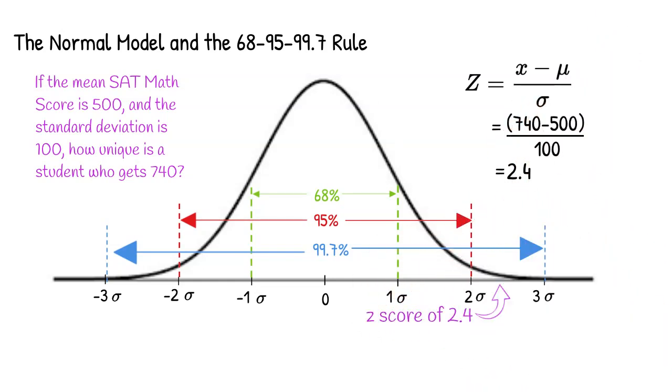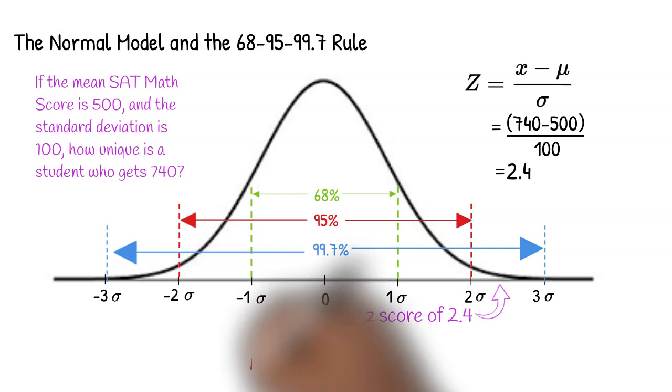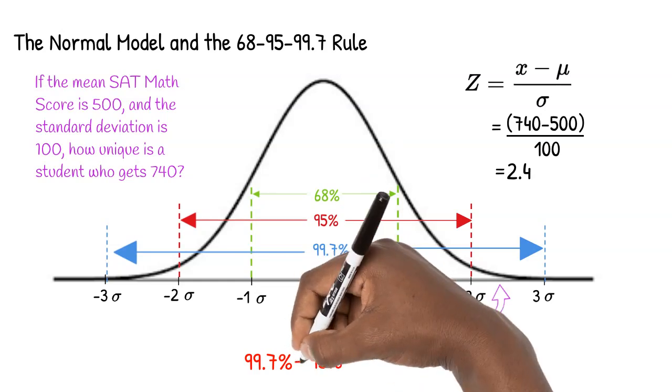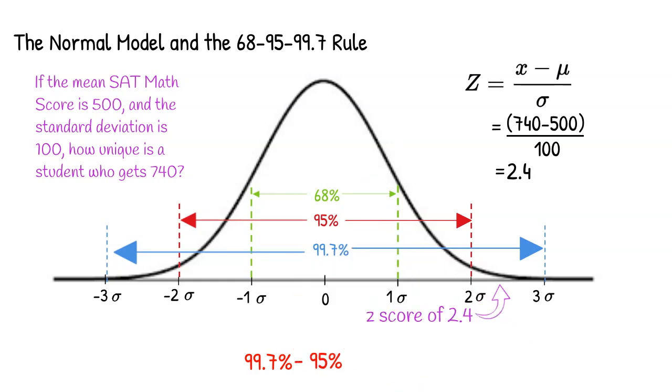We look for the z-score of 2.4 on the x-axis. 99.7% of values are within 3 standard deviations of the mean, and 95% of values are within 2 standard deviations of the mean. If we subtract these percents, we get the percent of values between 2 and 3 standard deviations from the mean.